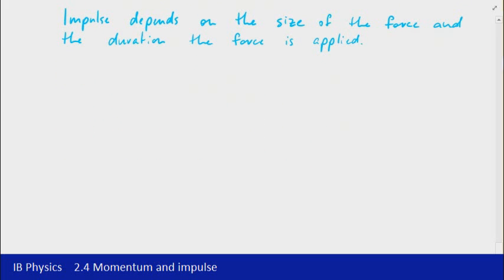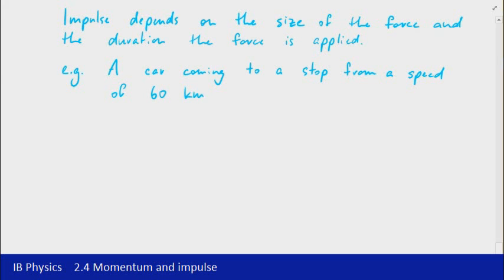Again, if we go back to a collision scenario, we can think about a car coming to a stop from a speed of 60 kilometers per hour. Now, there are a number of ways that could occur. One would be stopping at a set of lights.